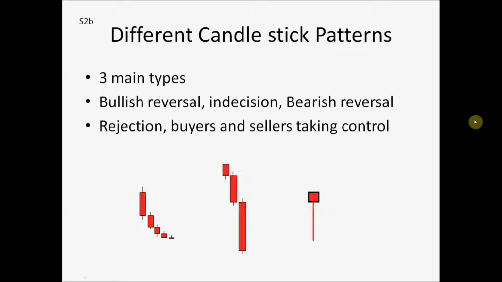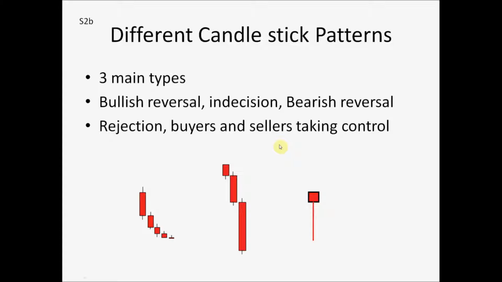Okay, so there are three main types of candlestick patterns. There's the bullish reversal. There's the indecision, which means the market or the sentiment is indecisive about the direction. And then there's the bearish reversal. Rejection, buyers and sellers taking control. Those are the three things that we're looking out for when it comes to candlestick patterns.